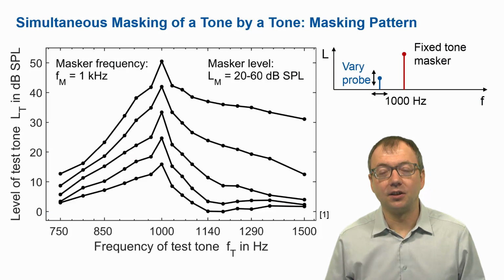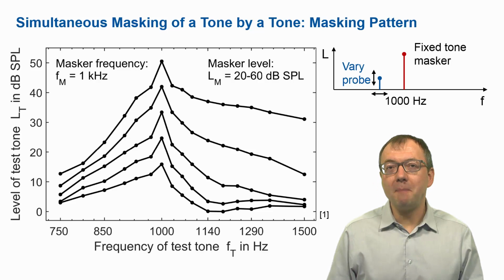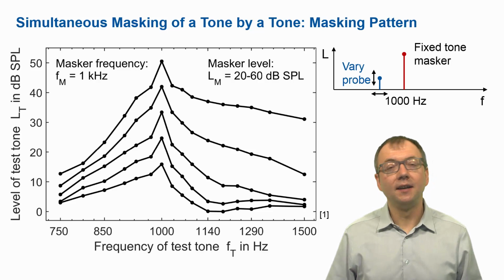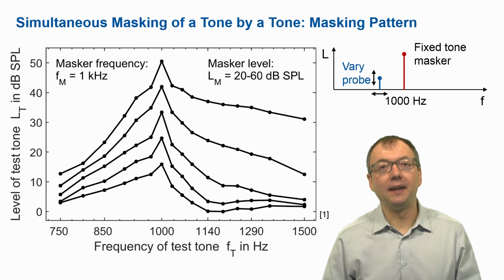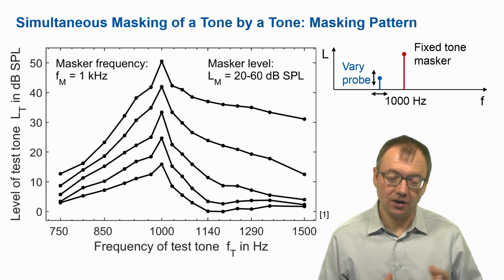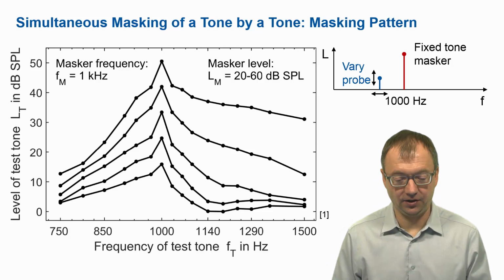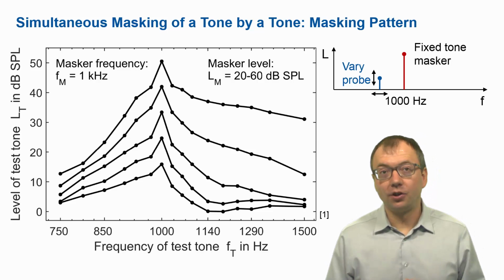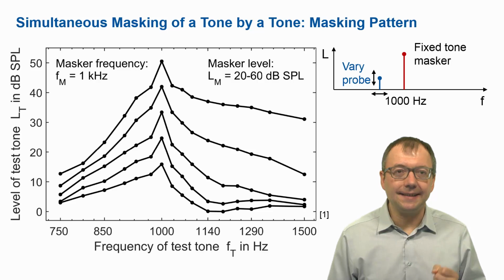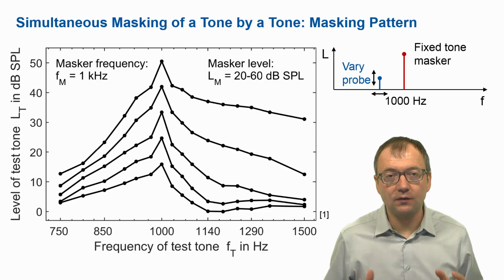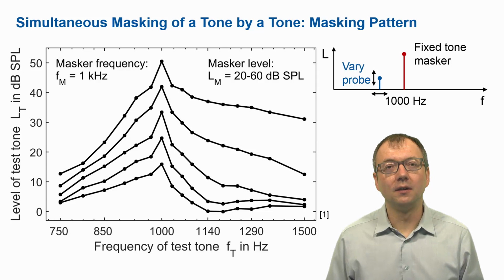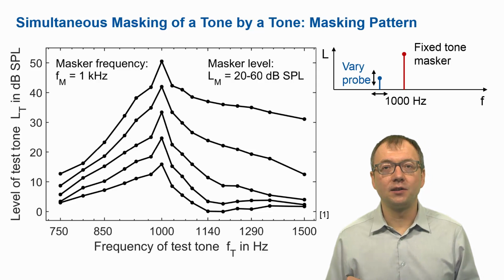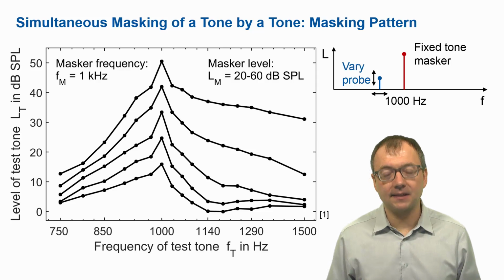In the past lecture, we've learned about auditory masking, and we heard that a tone can mask another tone. This is depicted again in this figure, which you already had in the other lecture. This figure shows the level of a tone necessary as a function of its frequency, so that this tone is just audible in the presence of another tone, which we call the masker.